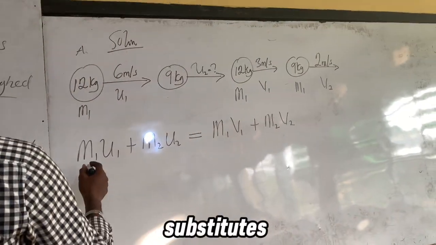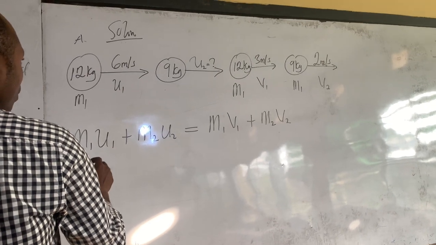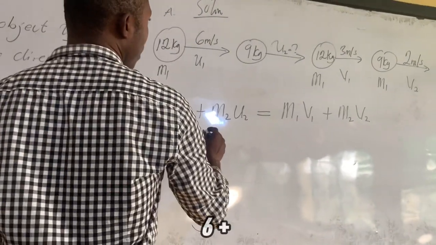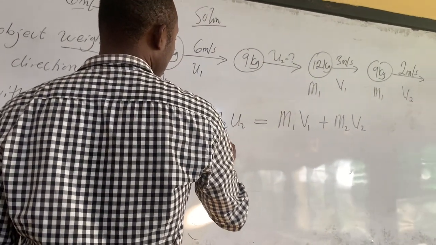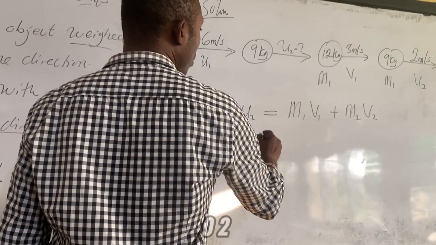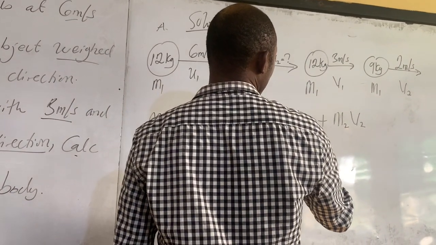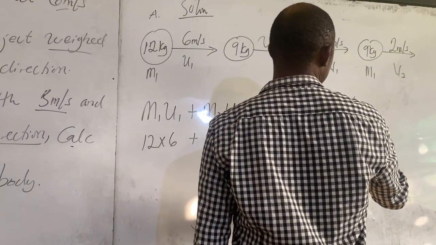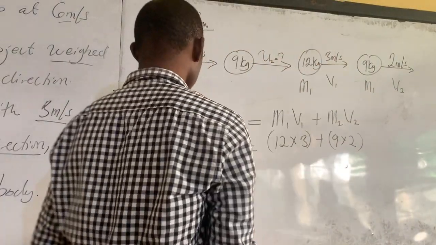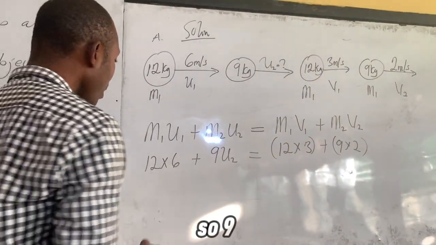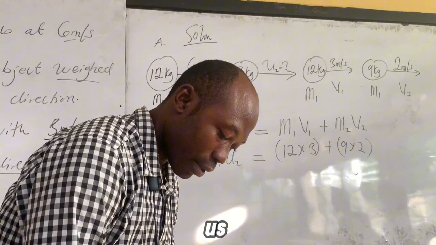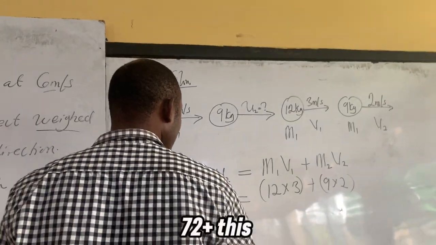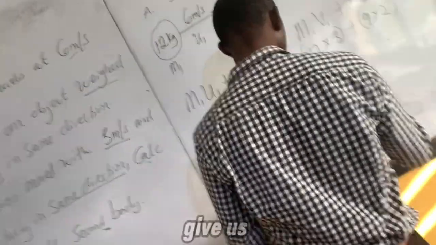So we substitute 12 multiplied by 6 plus 9 times U2, equals 12 times 3 plus 9 times 2. So 12 times 6 will give us 72, plus this, and this will give us 36.